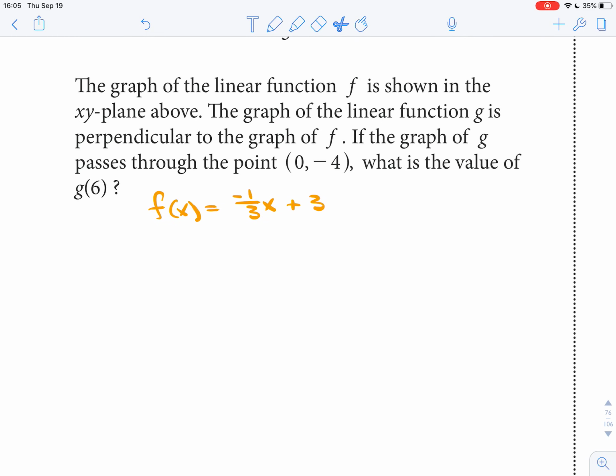So with that being said, we can do the rest algebraically. They tell us that the graph of g is perpendicular to the graph of f.